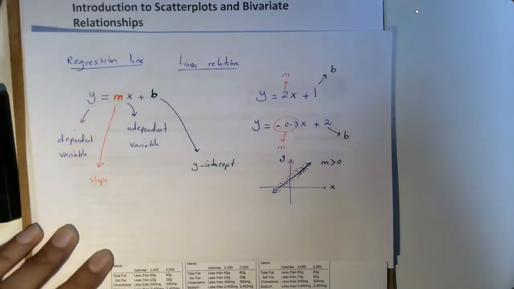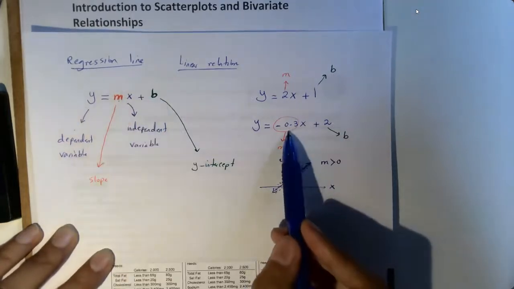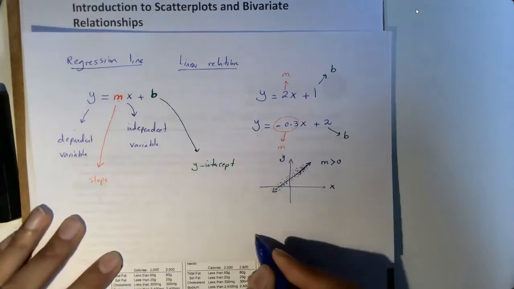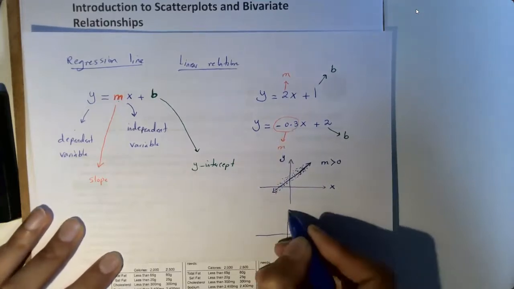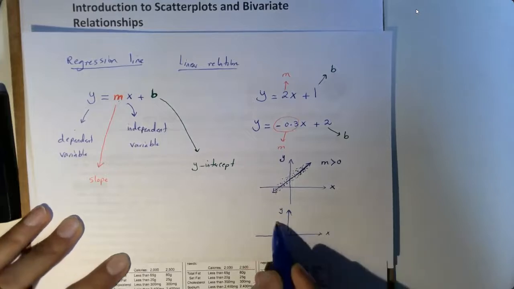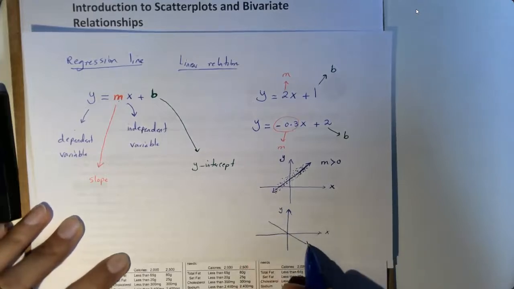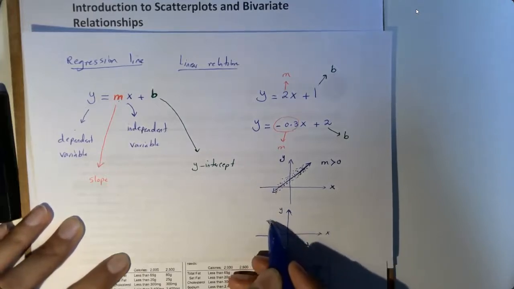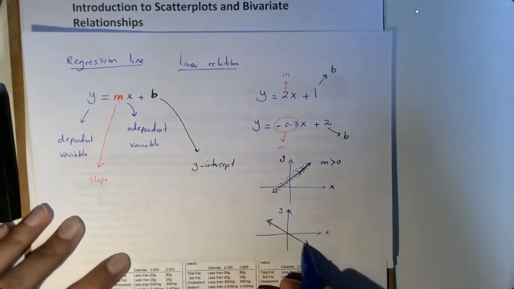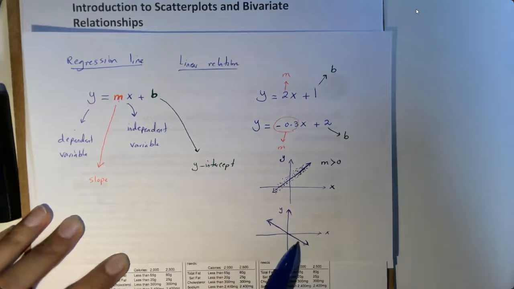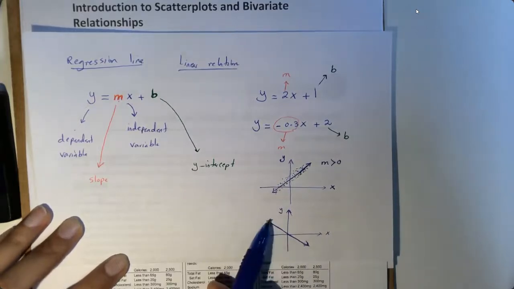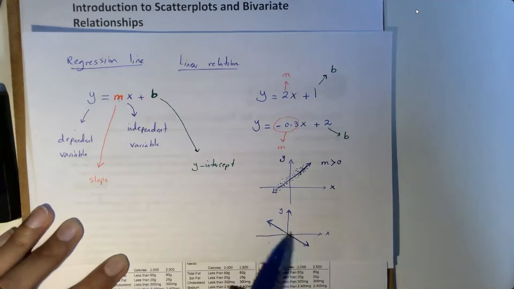If our slope is negative, however, we have a downhill or decreasing line. So in algebra, we learned that this decreasing line is a nice graph like this. From left to right, our line is decreasing. In statistics, we don't have this actual nice graph.